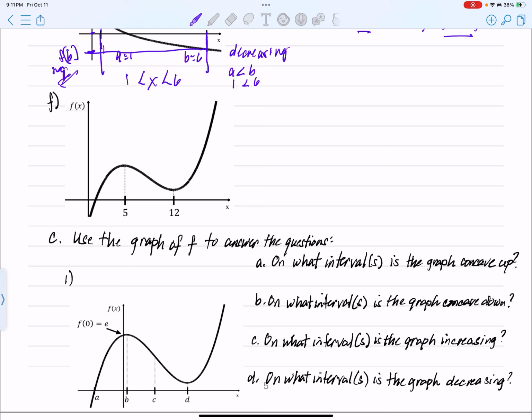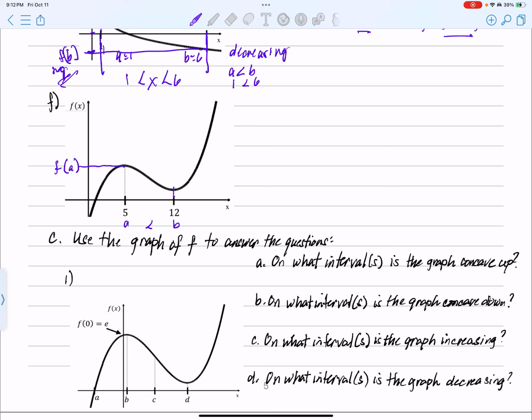Okay, let's do letter F. All right, what can you say about it here? Is it increasing or decreasing? What we're going to do first is look at the interval, A to B. So A is less than B. How about the f of A? f of A is here.